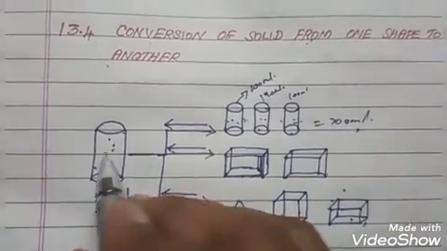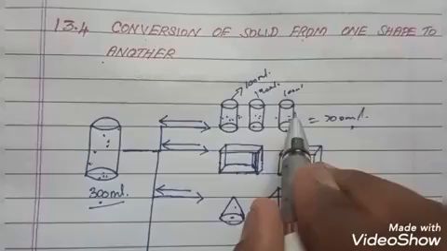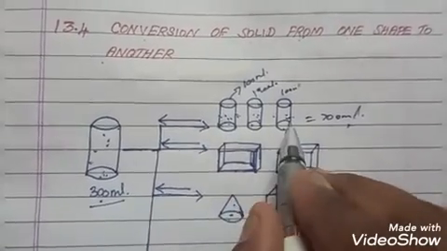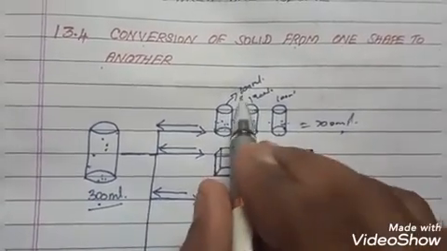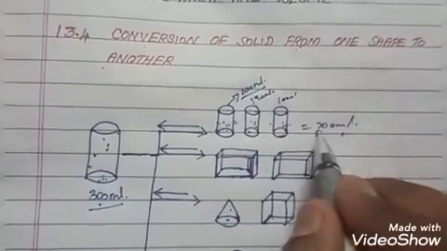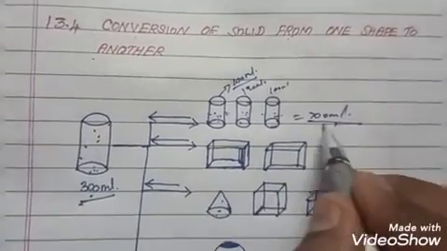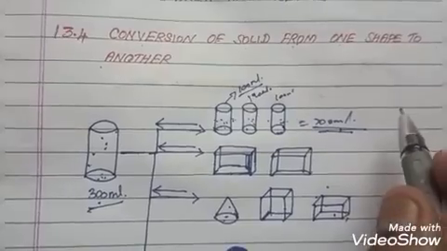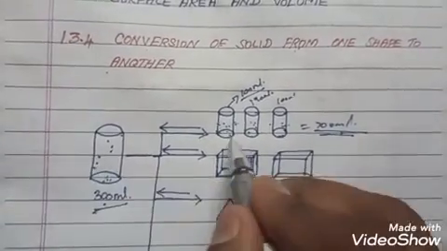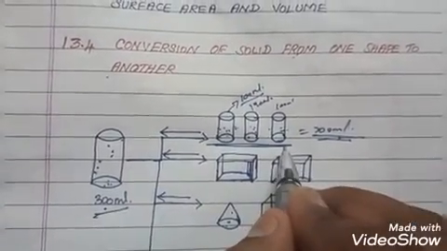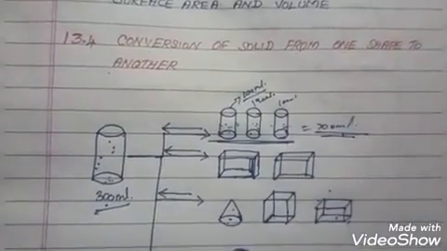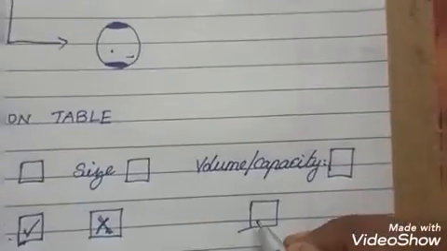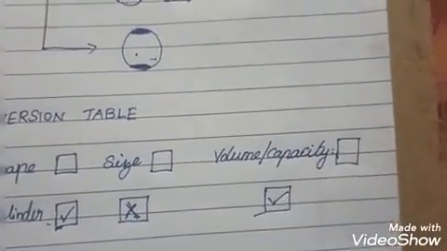So only one cylinder is converted into three small cylinders, each with a capacity of 100 ml. You can add these three and you get the volume. So the volume of both is the same. The larger cylinder and these three cylinders always have the same volume. So volume doesn't change. The volume is same.